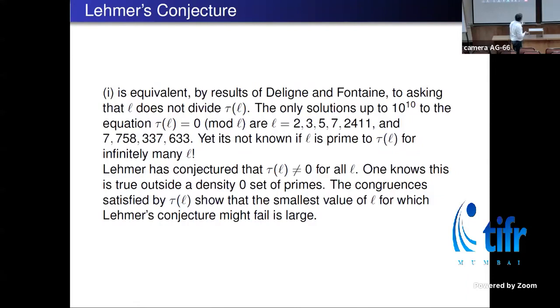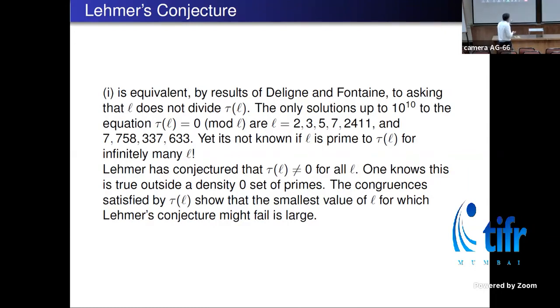When Serre wrote this seminar in 1967, perhaps the only values he knew where tau(l) is congruent to 0 mod l were perhaps 2, 3, 5, 7, or maybe also 2411, I don't know. But a few years ago, someone found a frighteningly large value for which tau(l) is congruent to 0 mod l. It's 7 billion and something.